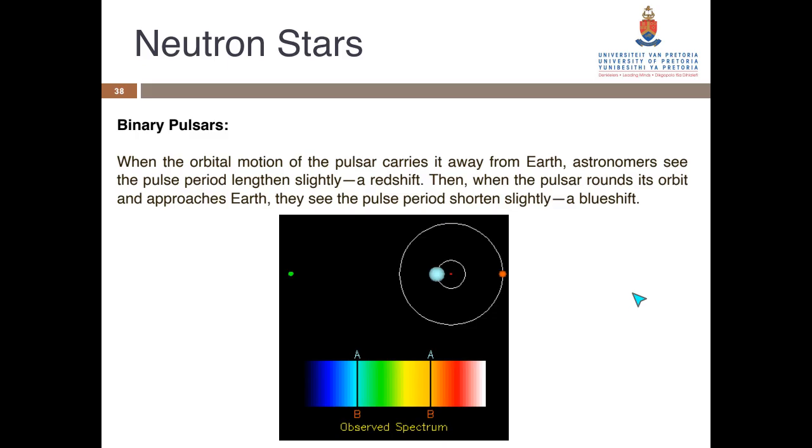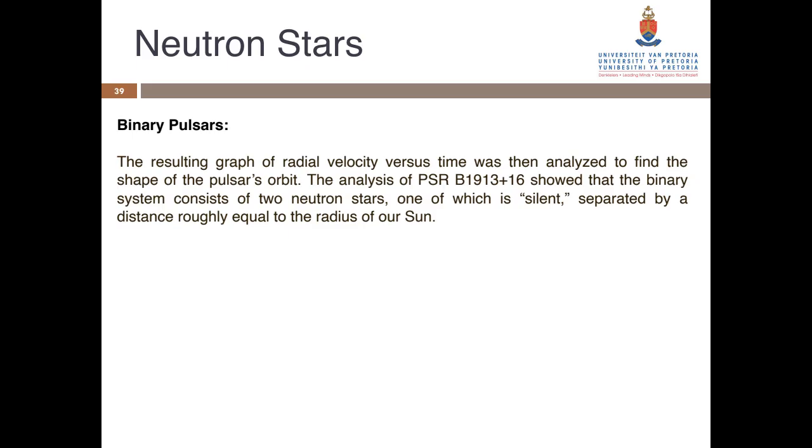When the orbital motion of the pulsar carries it away from Earth, astronomers see the pulse period lengthen slightly, so redshift. Then when the pulsar rounds its orbit and approaches Earth, they see the pulse period shorten slightly, hence the blueshift. The resulting graph of radial velocity versus time was then analyzed to find the shape of the pulsar's orbit.